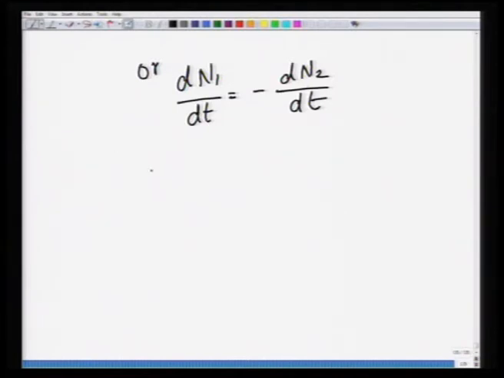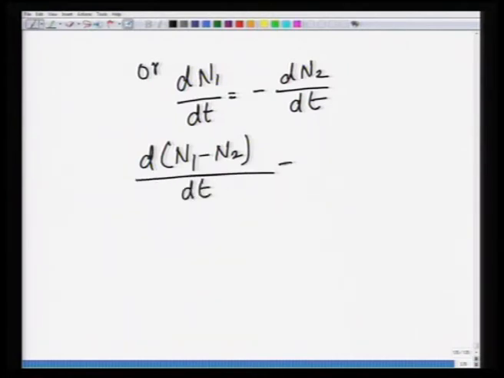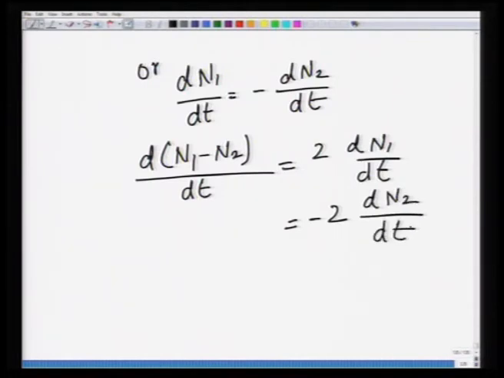All right. Alternatively, we can also write d of (n1 minus n2) divided by dt as 2 dn1 by dt, which is equal to minus 2 dn2 by dt. So this is nothing but manipulation of what we have written earlier.